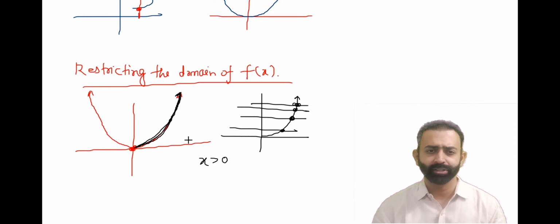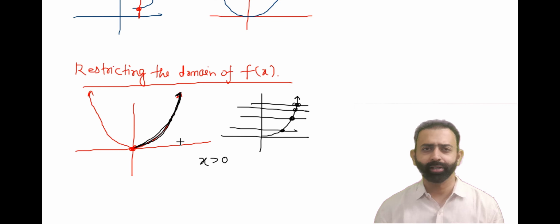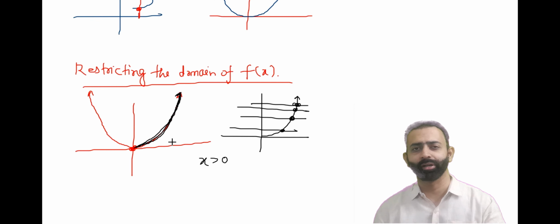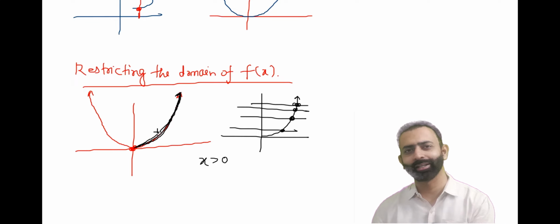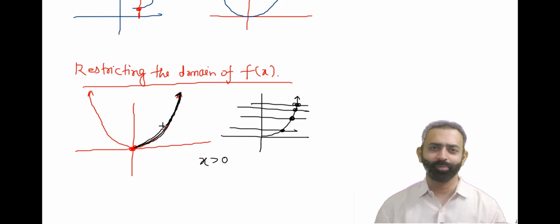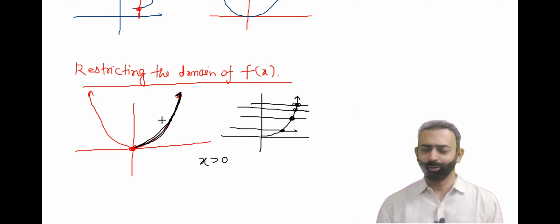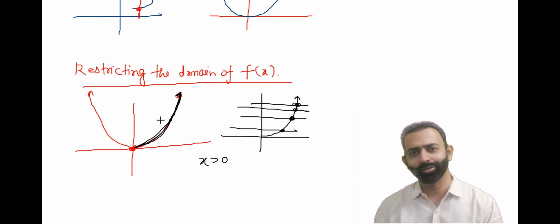We will again revisit restricting the domain of f(x), especially in the case of trigonometric functions, because trigonometric functions are all periodic. Periodic meaning that if you draw the horizontal line test on any trigonometric function, it will pass through more than 1 point. So all trigonometric functions fail the horizontal line test.